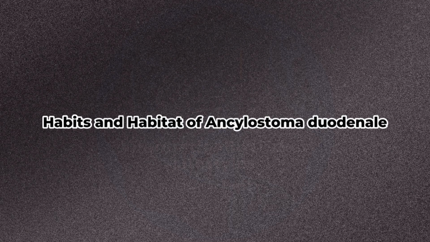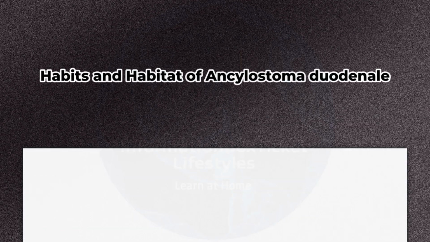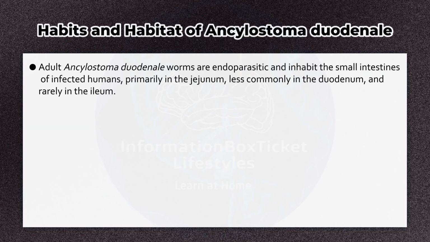Habits and habitat of Ancylostoma duodenale. Adult Ancylostoma duodenale worms are endoparasitic and inhabit the small intestines of infected humans, primarily in the jejunum, less commonly in the duodenum, and rarely in the ileum.